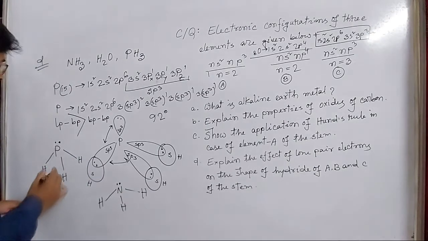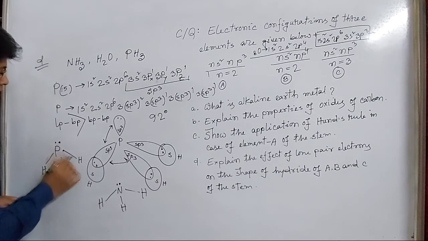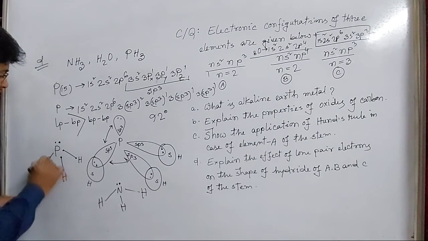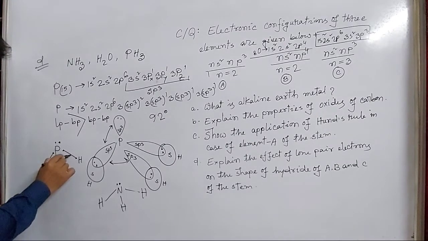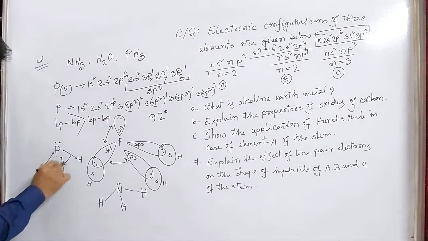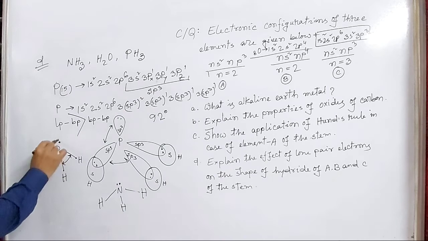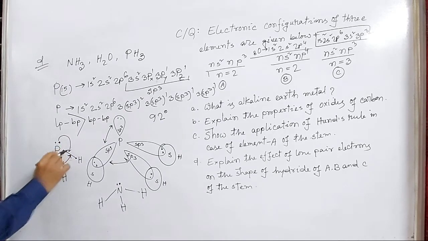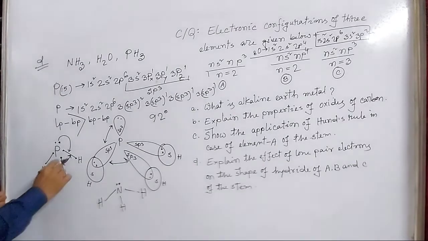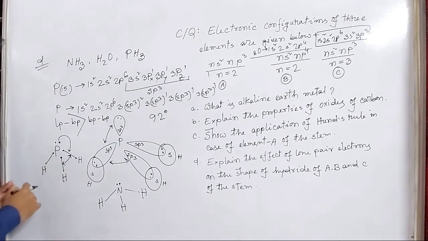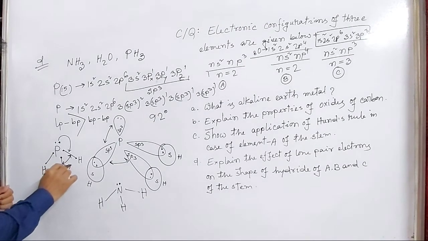That's why the bond pair electrons, the phosphorus hydrogen bonds are extended, and the bond angle is more decreased due to the more influence of lone pair electrons. That is why it is decreased to 92 degree.